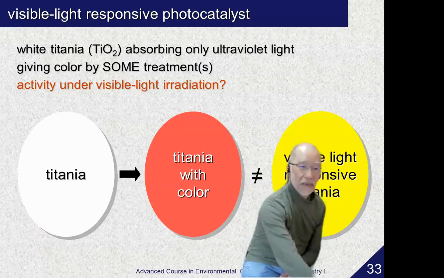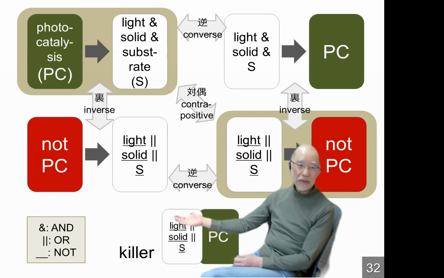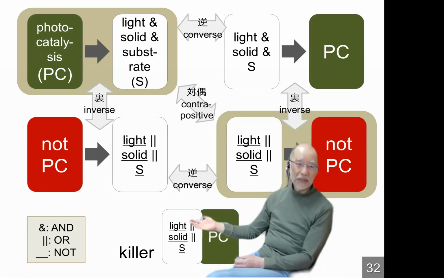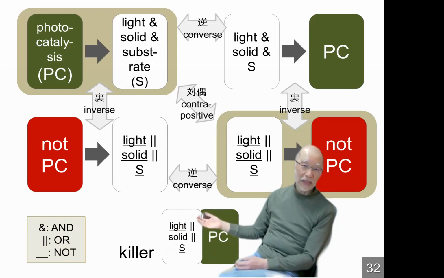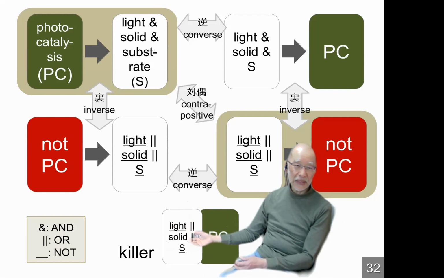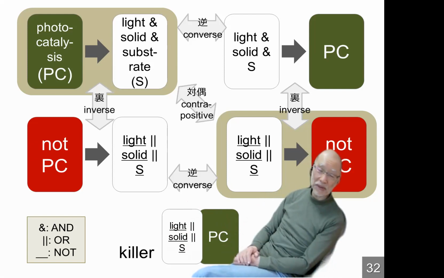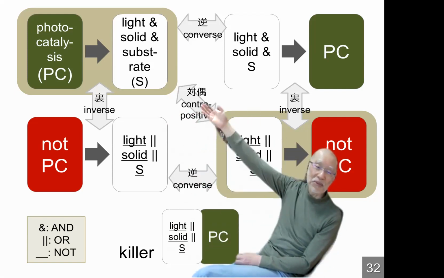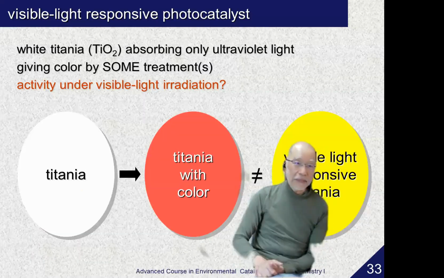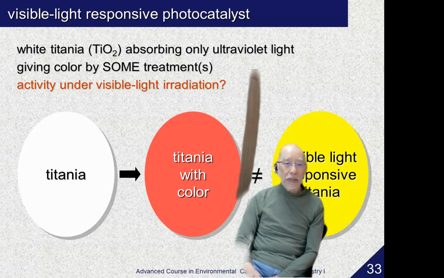And the killer card is: no light, no photocatalyst, or no substrate. 光照射がなくて、ソリッドが入ってない、あるいは基質がない。これいずれかですね。いずれか欠けてるときで、なおかつ光触媒反応が起こっているというのがキラーカードなんですけど、これはありえないわけです。これが定義ですから。だから、このキラーカードは存在しない。So then, what I'm talking about today is action spectrum analysis to say the visible light responsible photocatalyst.